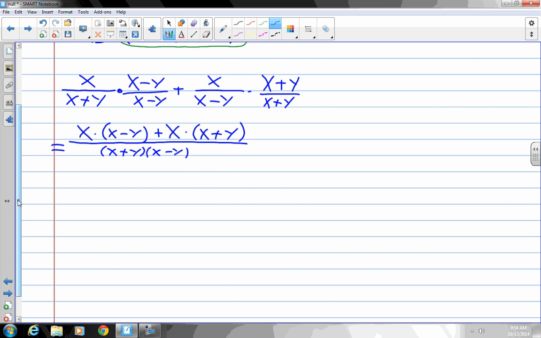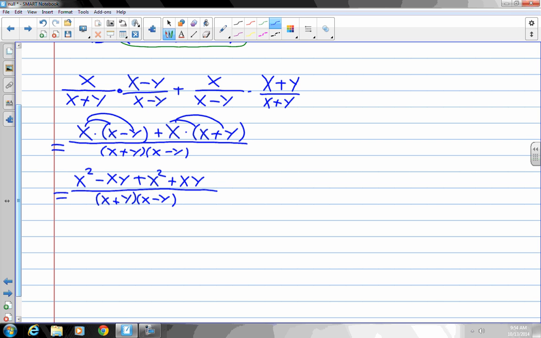So this is the process. When you get to this point, we have the same denominator. Now your numerator is a little messy, so open up the parentheses. Combine like terms. So you have a positive xy and a negative xy.